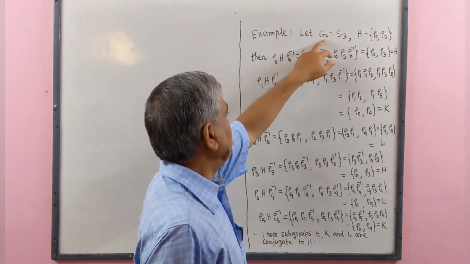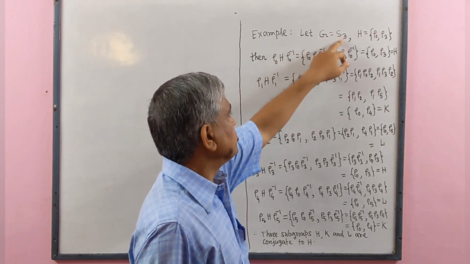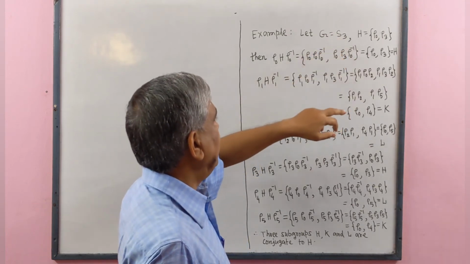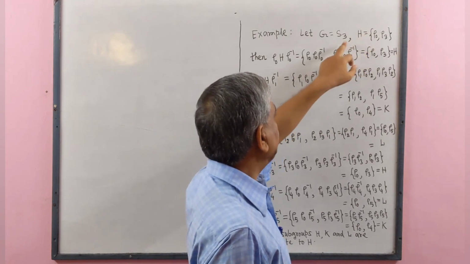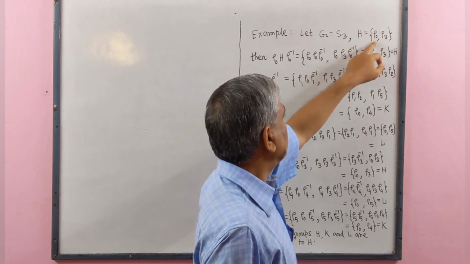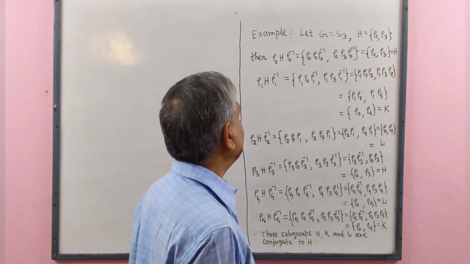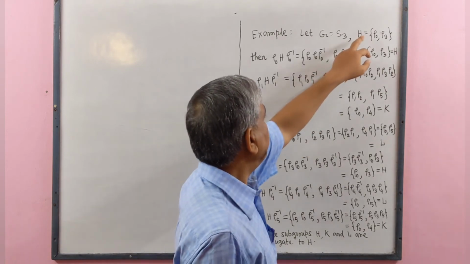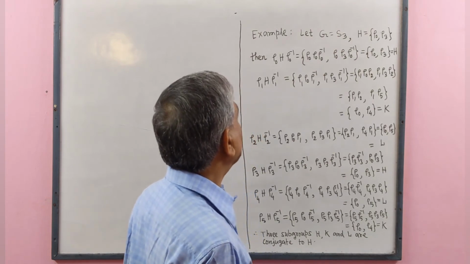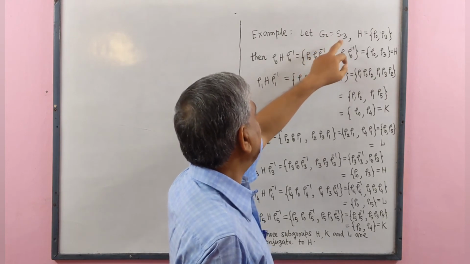Let G be a group which is equal to the symmetric group of degree 3, and H is a subgroup of S3 containing elements ρ0 and ρ3. Now we find the conjugate of H with respect to elements of G, that is elements of S3.